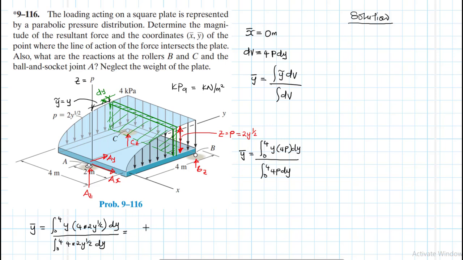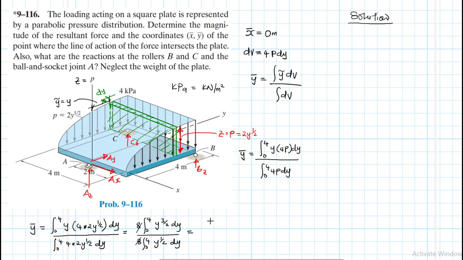And then when we write this, we can factor out 8, with y to the power 3 over 2 dy, divided by, we factor out 8 also, y to the power half dy. And if we integrate this, of course 8 and 8 cancel out. Don't forget the total volume.